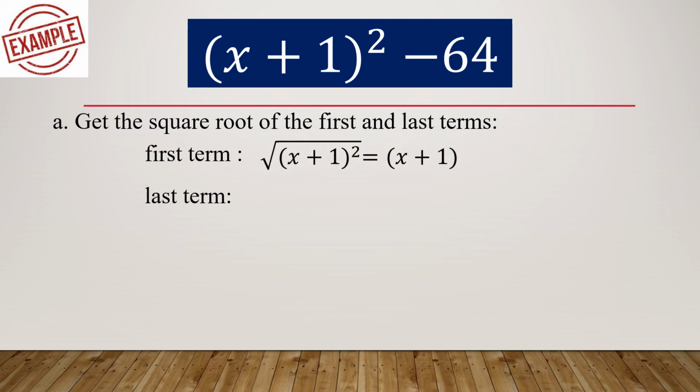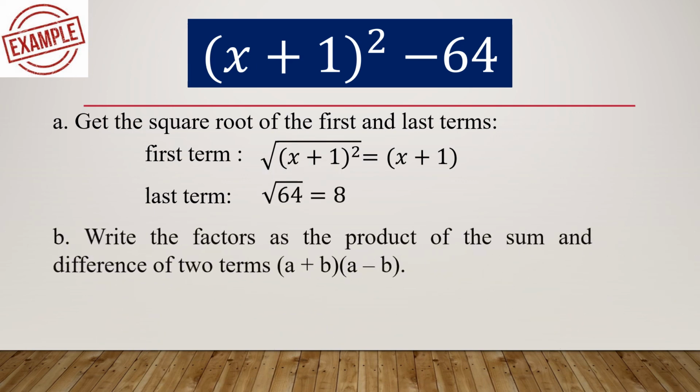Getting the square root of the quantity x plus 1 raised to 2, we simply divide the exponent 2 by 2. We will be left with the binomial x plus 1. And the square root of 64 is of course 8. And how do we write them as factors?